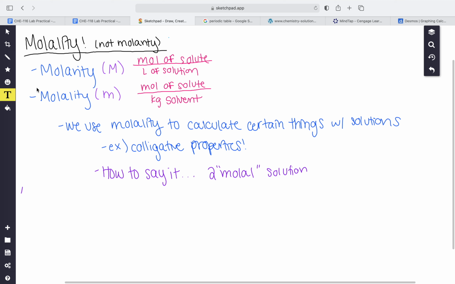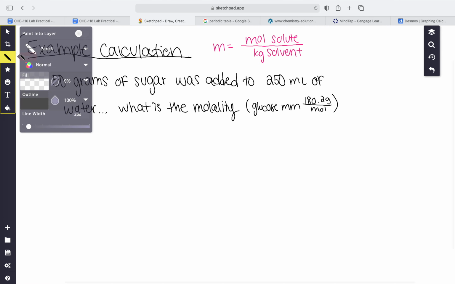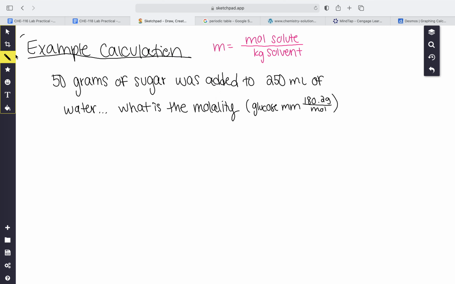So let's say that you have a 0.75 molal solution, which means that it has a molality of 0.75. So whatever the moles of solute divided by the kilograms of solvent is, that's it. But you say it's 0.75 molal. So let's do a sample calculation of this, and then we'll do a practice one, and that will be the rest of the video.